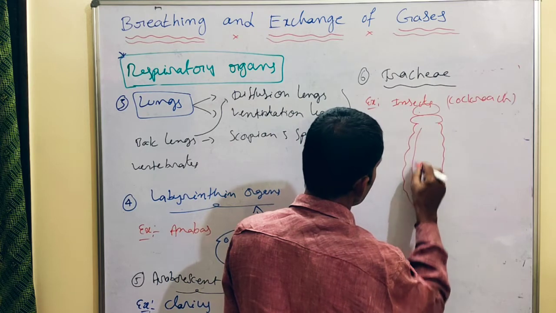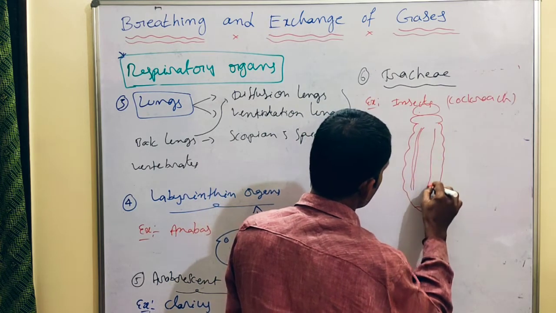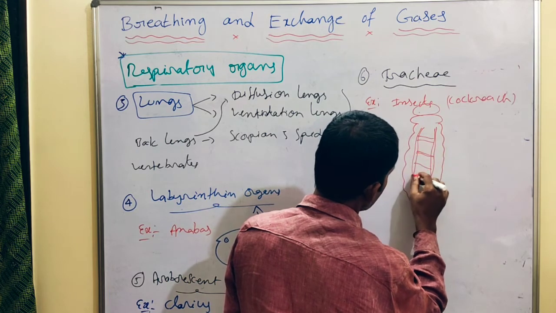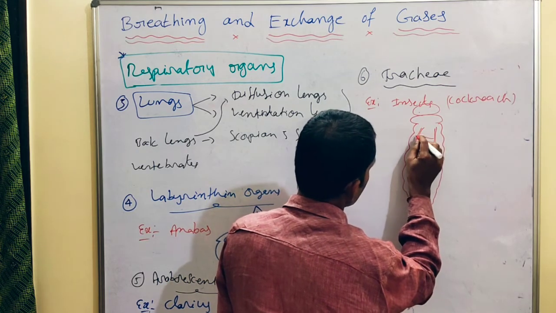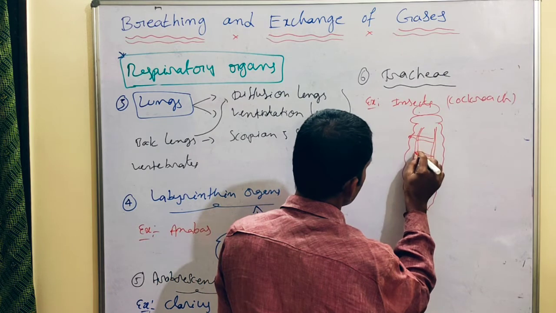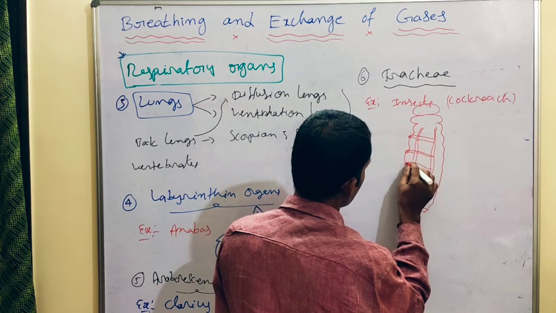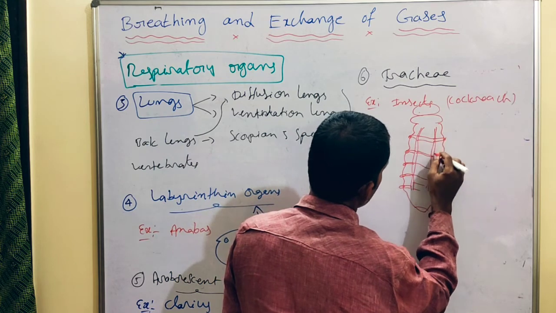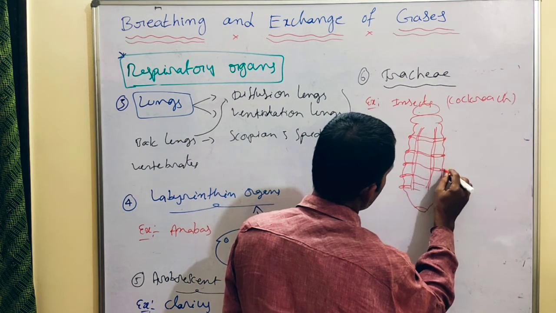This is the tracheal tubes connected by many horizontal tubes also. The specialized structures opened outside the body are called spiracles.